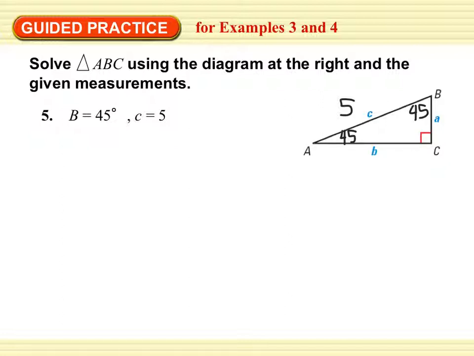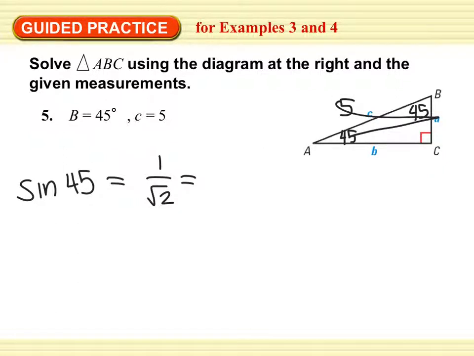I need sine or cosine, so we're going to do sine of 45. If I look at that special triangle, the sine of 45 is 1 over the square root of 2, which is opposite over hypotenuse, a over 5.